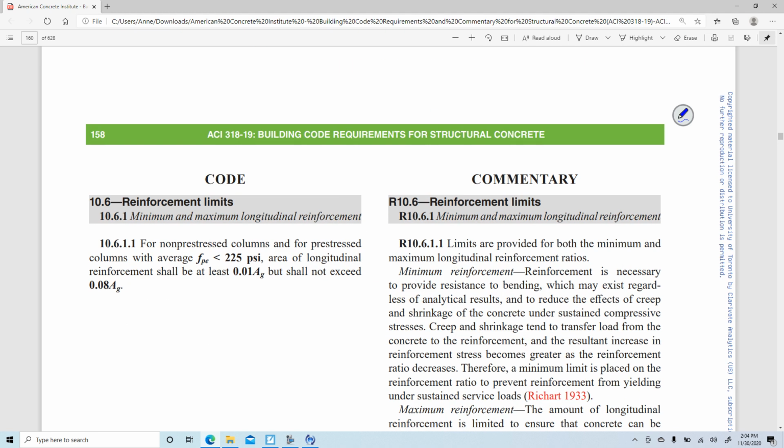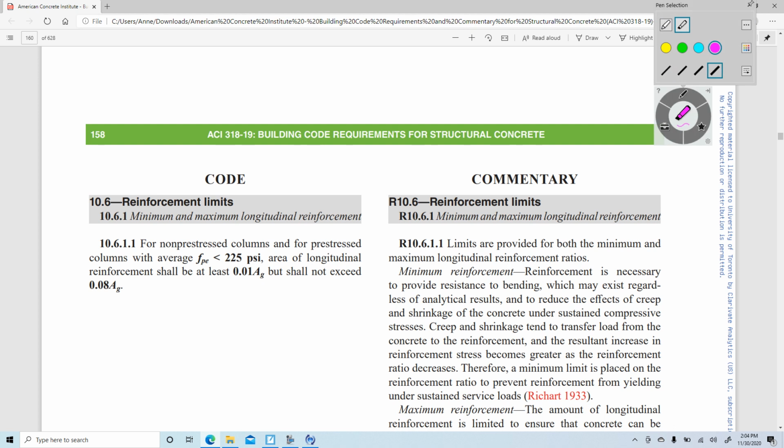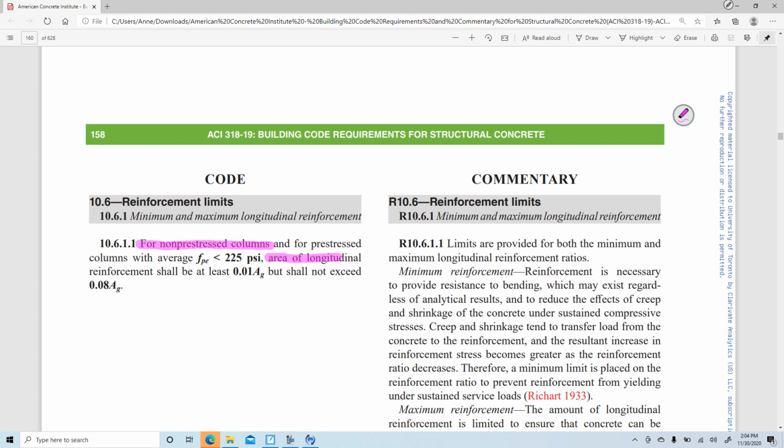For non-pre-stressed columns and for pre-stressed columns, which we're not doing, the area of longitudinal reinforcement shall be at least 0.01 of your gross cross-sectional area, but shouldn't be greater than 0.08. So you're talking 1% to 8% of your gross cross-sectional area.